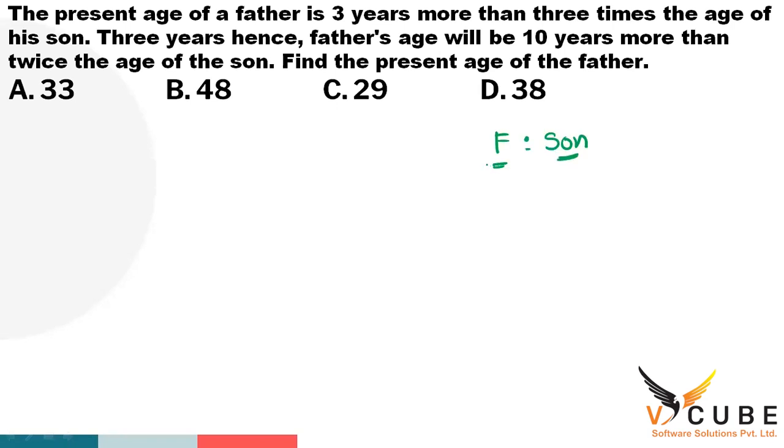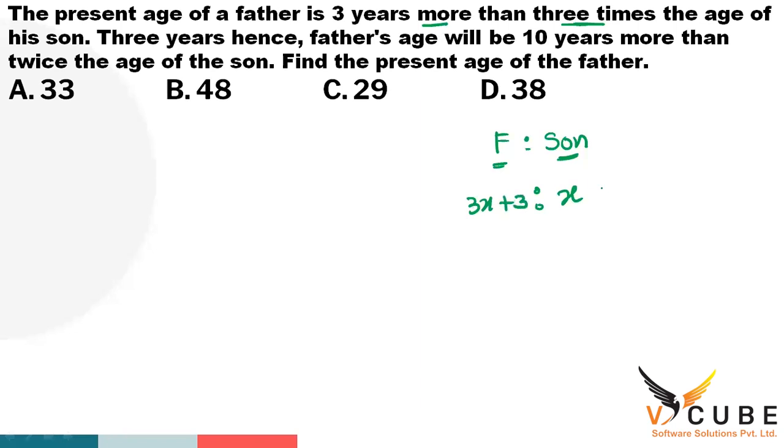The present age of father is 3 years more than 3 times the age of his son. Son's age we don't know, let x, guys here. So father is how many times? 3 times, 3x. X into 3, 3x. Okay, 3x plus 3, more than 3 years.